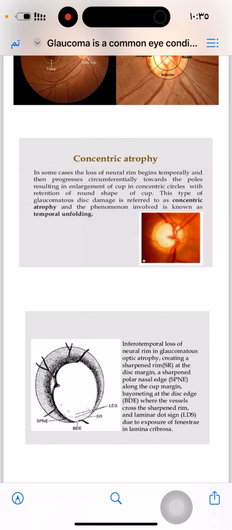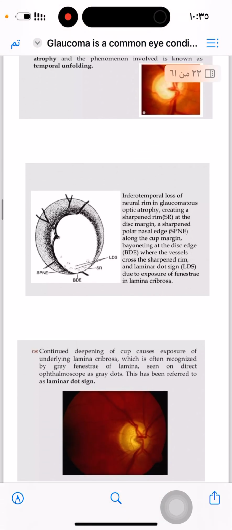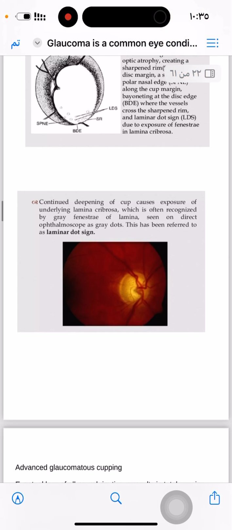This is referred to as atrophy or temporal unfolding. It is always temporal, but it leads to enlargement of the oval and converts the oval to a round shape of the cup, as you see here.